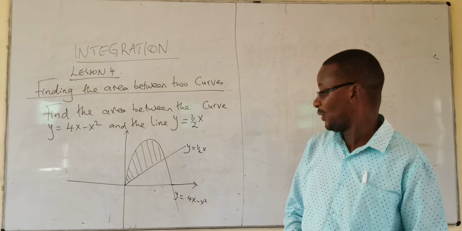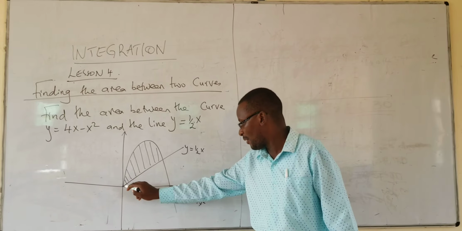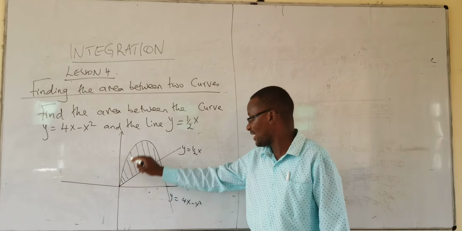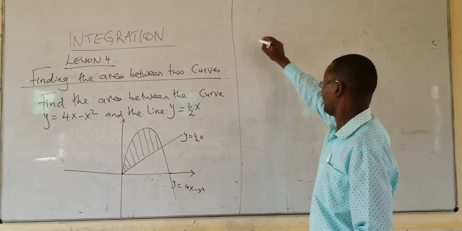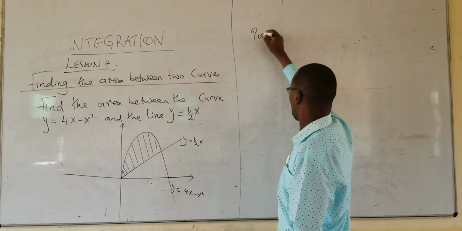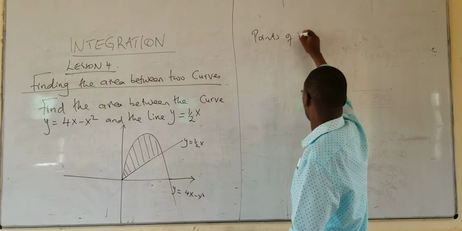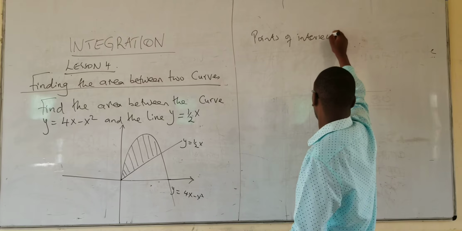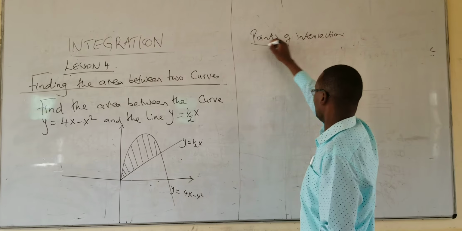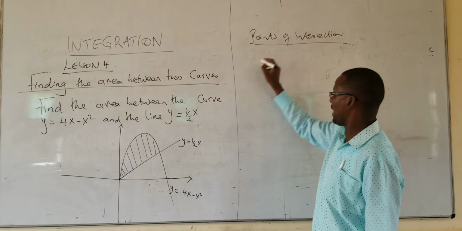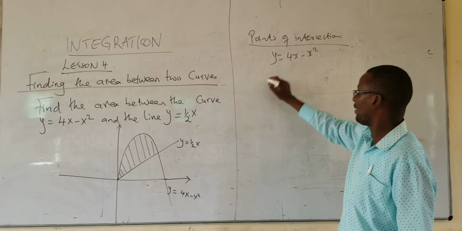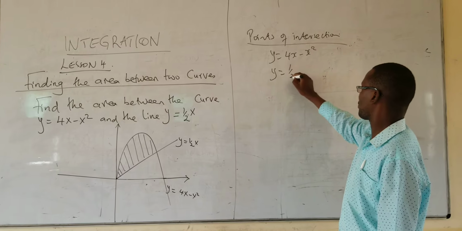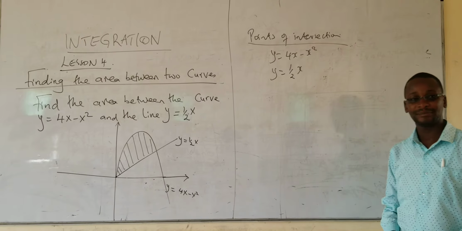We need to know the points of intersection between the line and the curve. So that is step one. Getting the points of intersection. So it means we have y equals 4x minus x squared, the curve, and y equals a half x, the line.